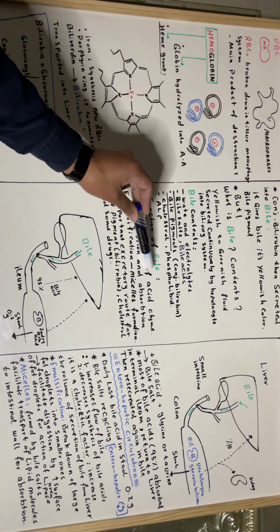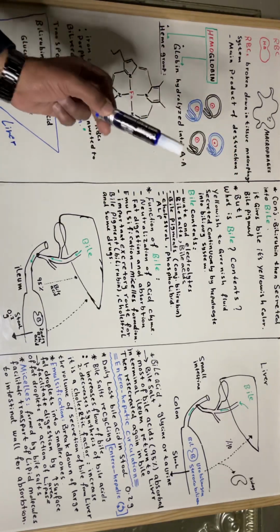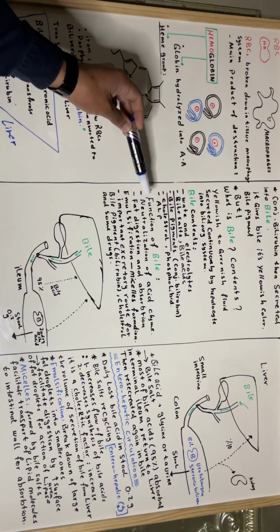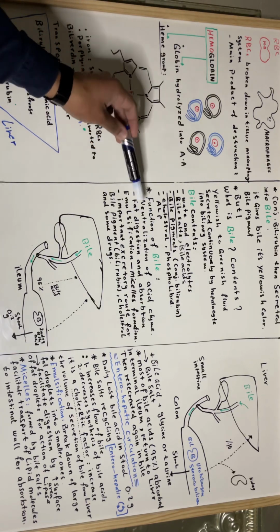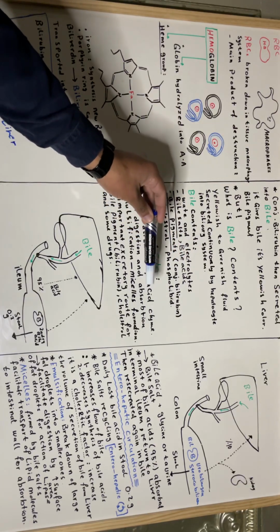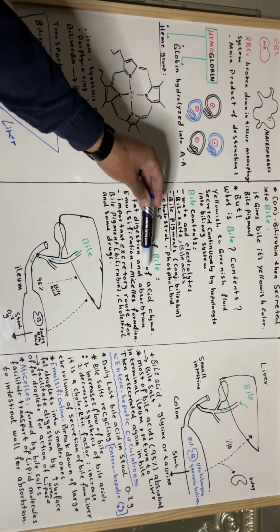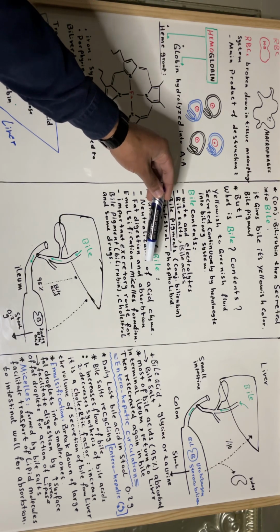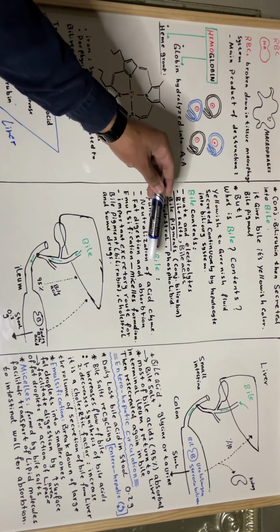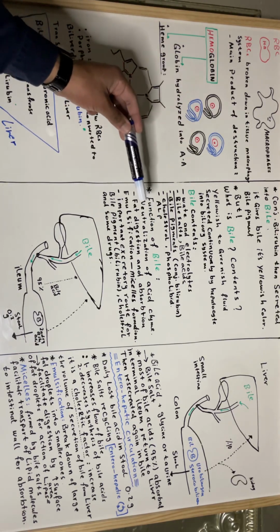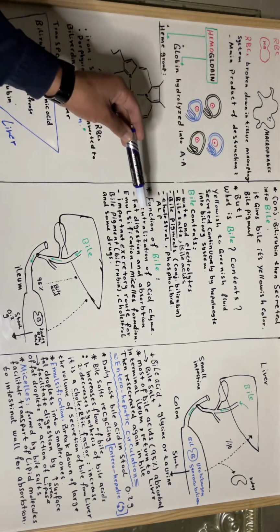Let's see what the function of this bile, which is secreted by the liver, is. The three main functions of the bile are, first of all, neutralization of acid chyme. As we know, the stomach content, the gastric content, when it reaches the duodenum or intestine, is acidic, so it needs to be neutralized through this bile and other contents also.